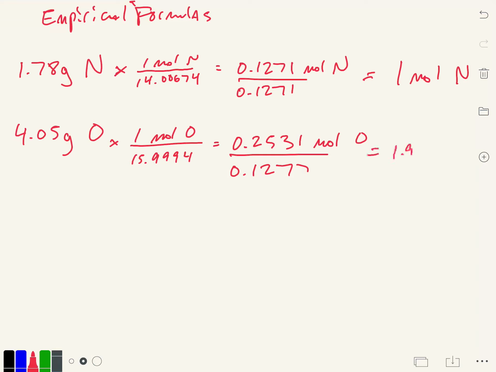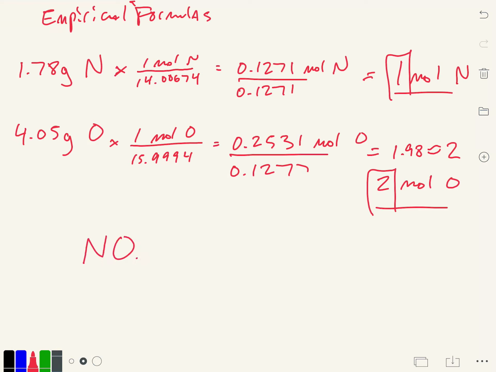Now 1.98 is close enough to 2, so let's say that there are 2 moles of O for every 1 mole of N. Since we are at essentially whole numbers, we can call it a whole number. Then our formula is N1O2. So the first empirical formula we calculated was NO2.